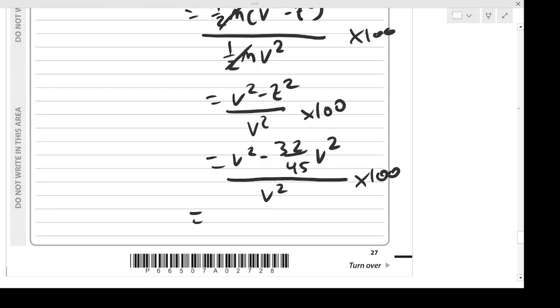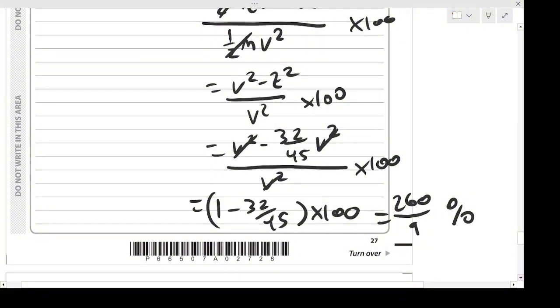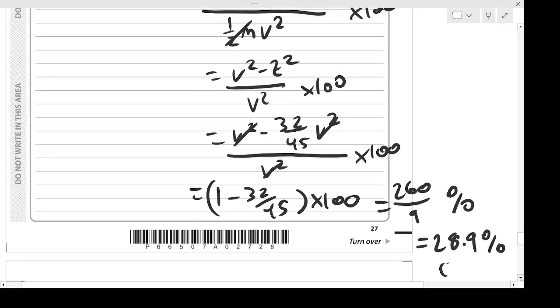So if I work all that out, the v squareds will cancel, so I'm going to get 1 take away 32 over 45 times by 100, because all the v squareds will go away, and so that will get me 260 over 9%, because again we multiply by 100, or you could give that as a decimal, 28.9% to 3 significant figures.